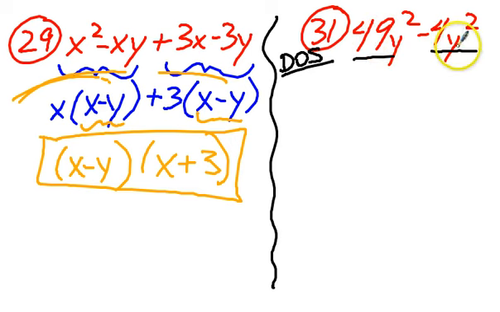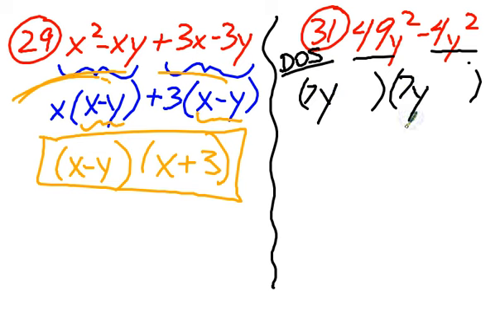And then over here, square root of 4 is 2, square root of y squared is y. So both of these are perfect. So when you have a difference of squares, these are going to factor into their perfect squares. You have 7x, I'm sorry, not x, let me go back. 7y, and 7y will give you 49y squared, and then 2y times 2y will give you 4y squared.